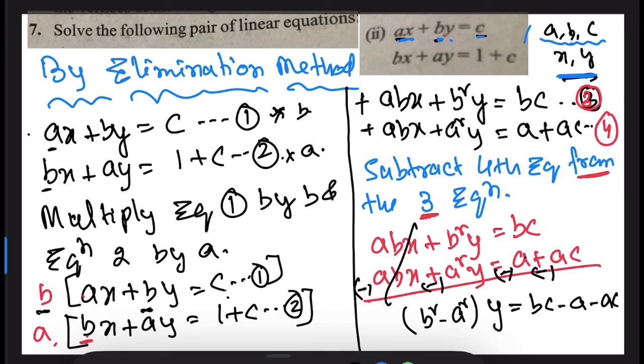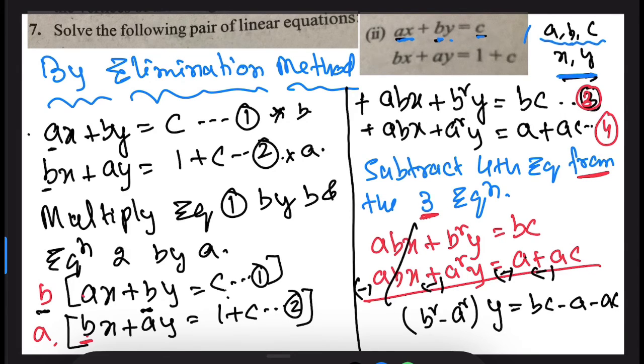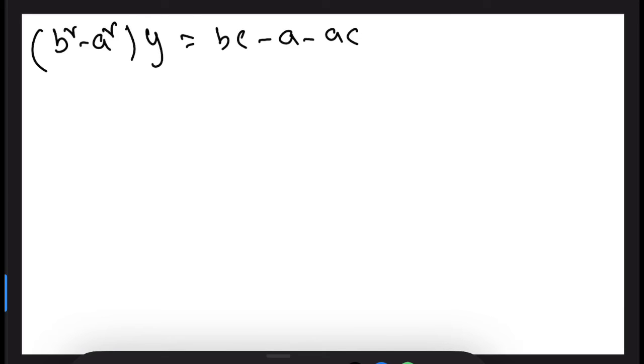Now from this we can bring the y value. b square minus a square, y equals bc minus a minus ac. Okay, have I written it the proper way? bc minus a minus ac, right?